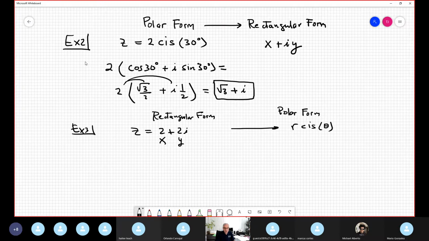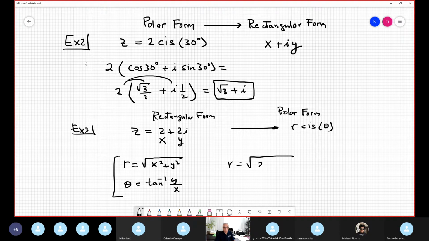The formulas: r is equal to the square root of x squared plus y squared. Theta is equal to tangent inverse of y over x. This is the formula for conversion from rectangular to polar. So r is equal to the square root of 2 squared plus 2 squared.